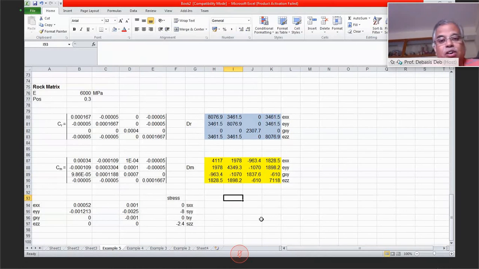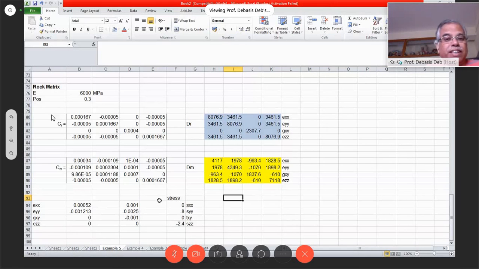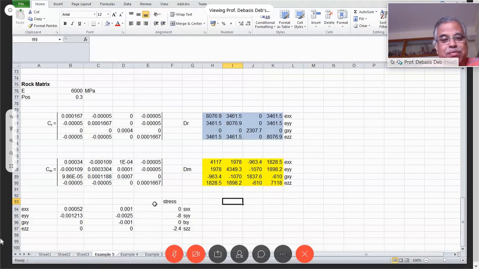Okay. How the strain, the shear strain and the normal strains are changing because of this jointed rock. Okay. Similar thing can be done in 3D, but it's a little complicated.